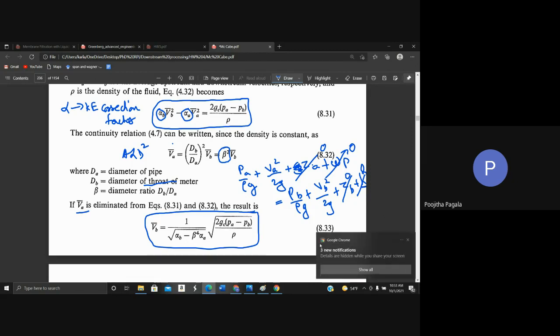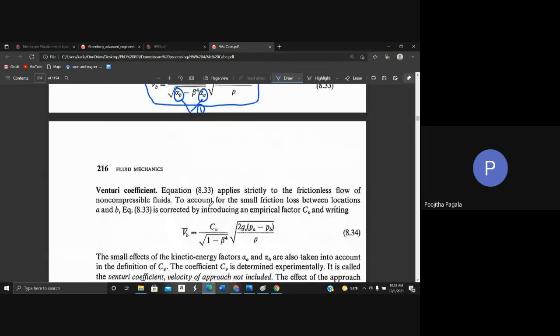You can ignore gc because gc is just a conversion factor. It comes up when you're doing FPS to SI unit conversion. As I have previously mentioned, for turbulent flow, the values of alpha A and alpha B are nearly equal to 1.